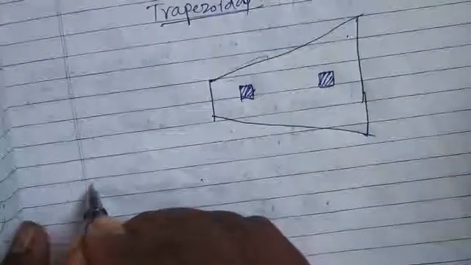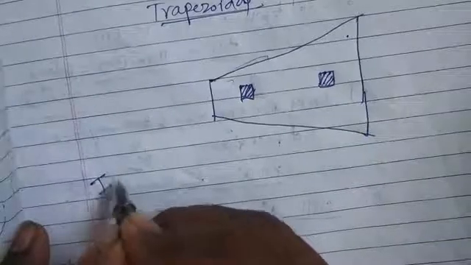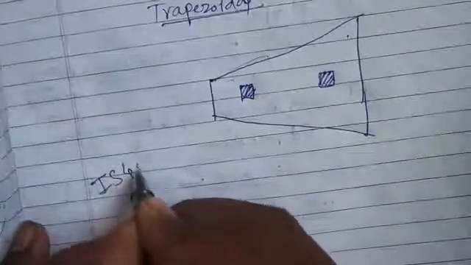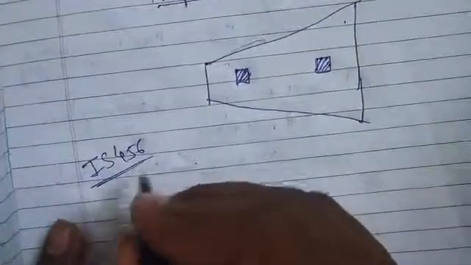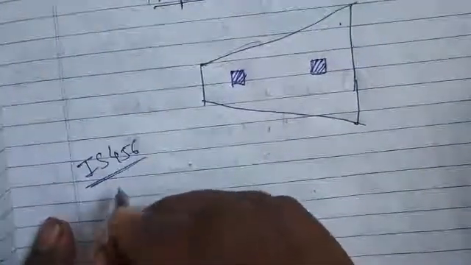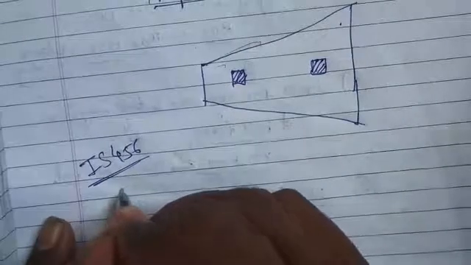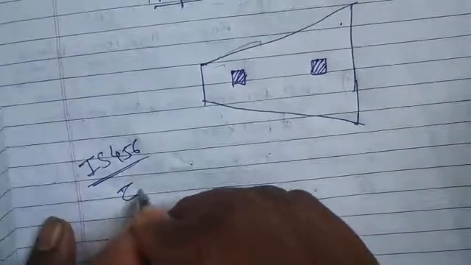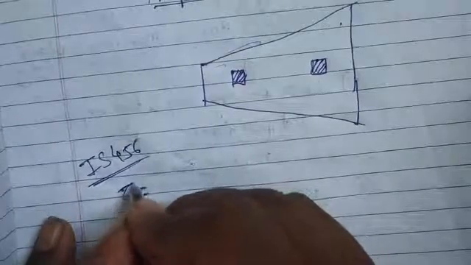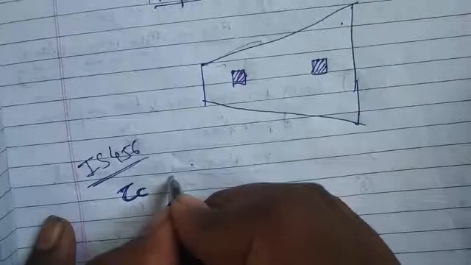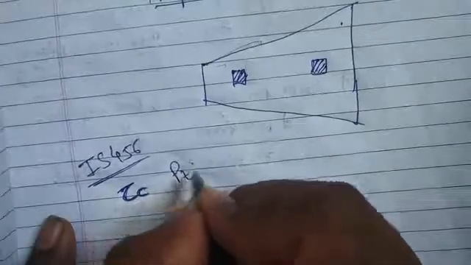So this whole design is based on IS 456. You all should refer to this IS 456. Often we are discussing the calculation of tau c, that is permissible shear stress, which is calculated from percentage of steel.